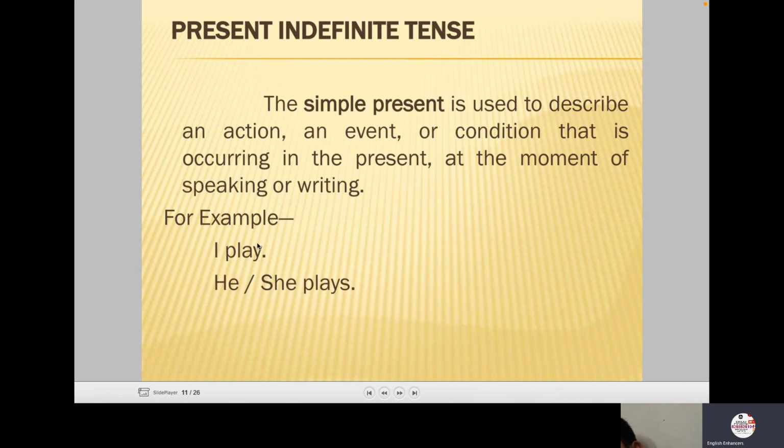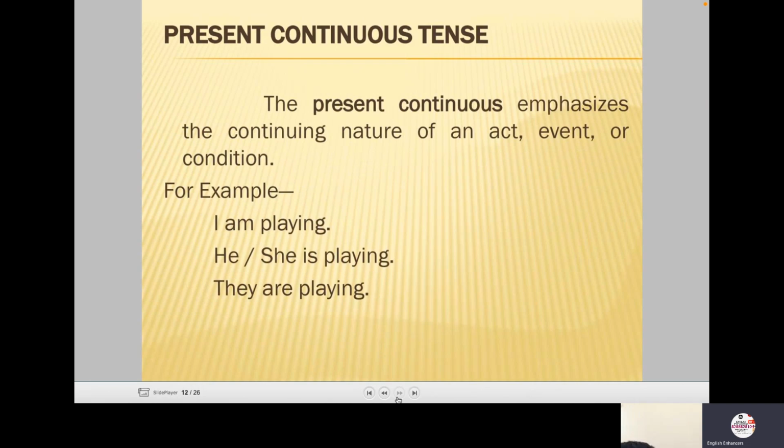So yes, here it is V1. Play का played बनता है, फिर दोबारा से played बनता है V3 में. He plays, she plays. तो ये हो गया हमारा example of simple present. कैसे? प्ले के साथ हमारा यहाँ पे क्या लगा है? S. और I play, कुछ भी नहीं लगा, S भी नहीं लगा, तब भी ये simple present है. So both these examples are going to tell you more about simple present.